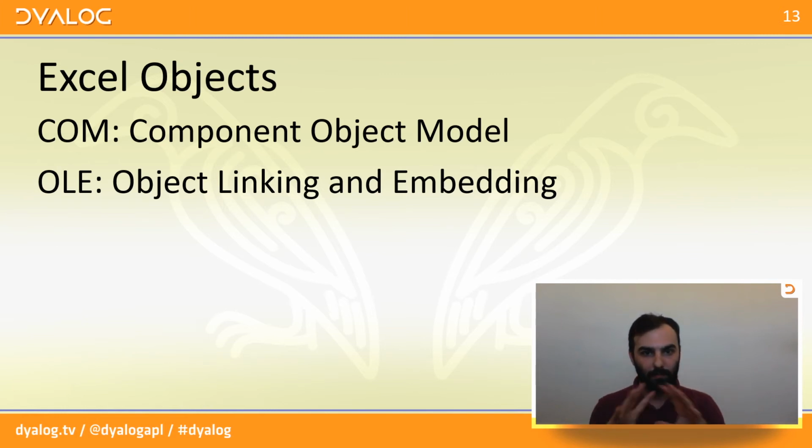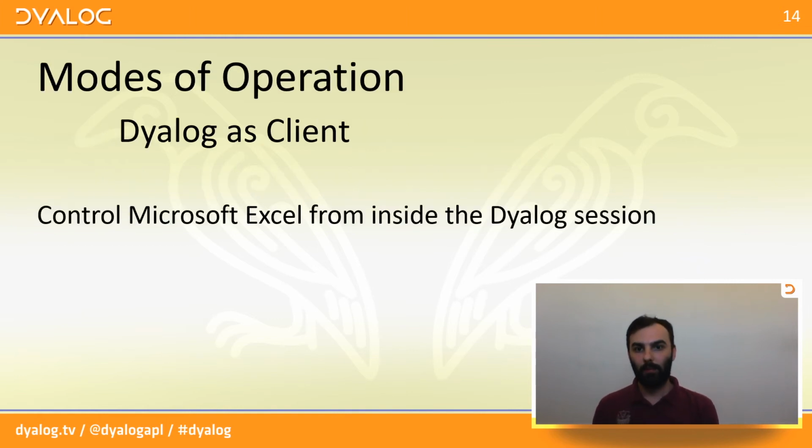So COM is the framework with all these objects that can be shared between applications, and then the method to communicate between processes, between applications, is OLE. So the first of these, on the penultimate demo, is Dyalog as a client.